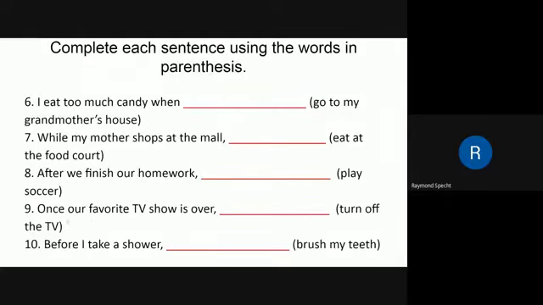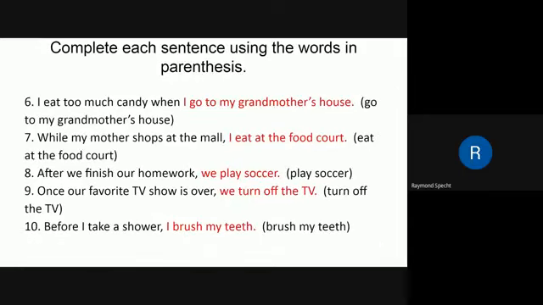All right, let's take a look at our answers. I eat too much candy when I go to my grandmother's house. While my mother shops at the mall, comma, I eat at the food court.